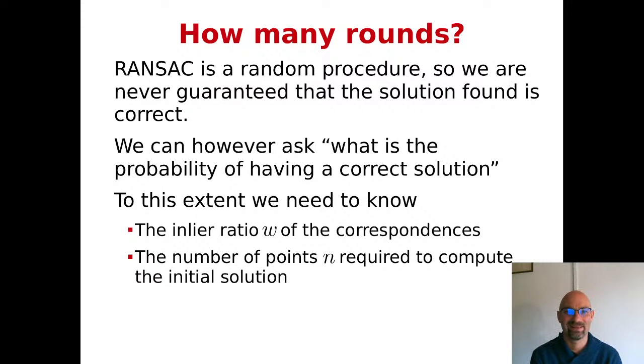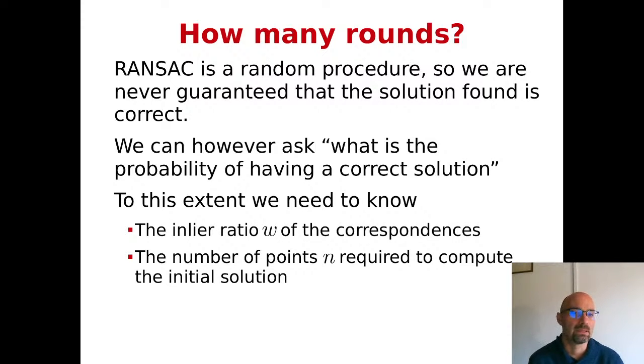But we can only, because you're not guaranteed, it being random. If you have outliers, you might be so unlucky that each time you sample some bad set of correspondences. But when there is luck and unluck, we can talk about probabilities. And so we can ask, what is the probability of having a correct solution after X rounds?